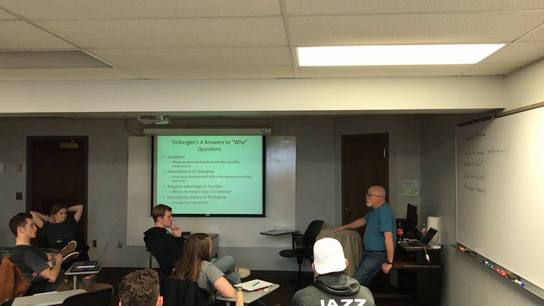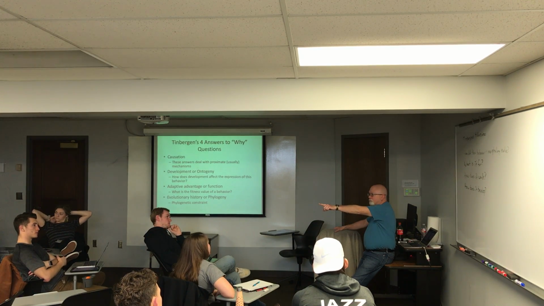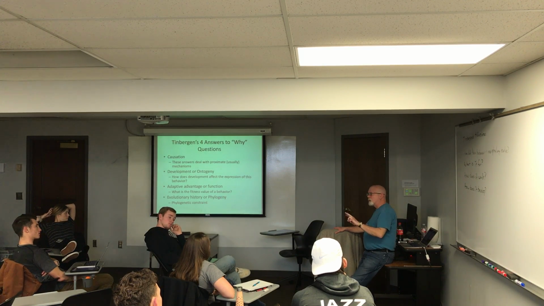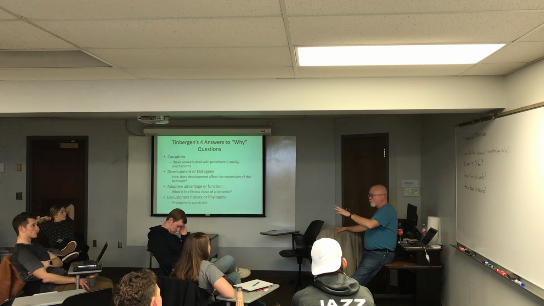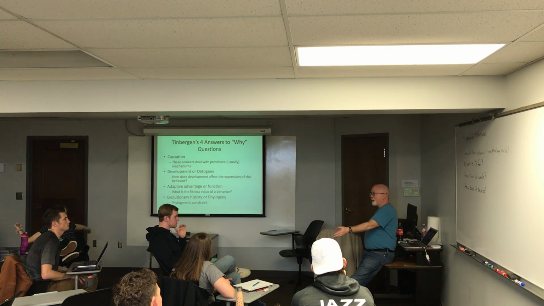What is it for? It's 2 things, Jackson. I said, what is it for? And you said? I said the fitness value of the behavior. So actually, it kind of addresses 2 things, doesn't it? It addresses what's it for, like what is its purpose, but embedded in that is also that purpose is driven by an adaptive function.